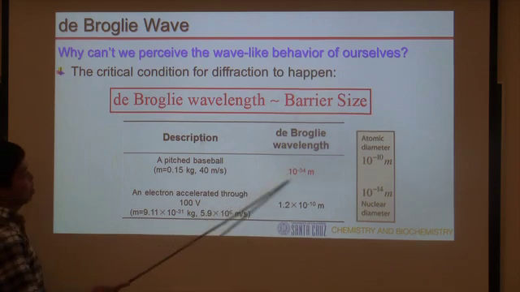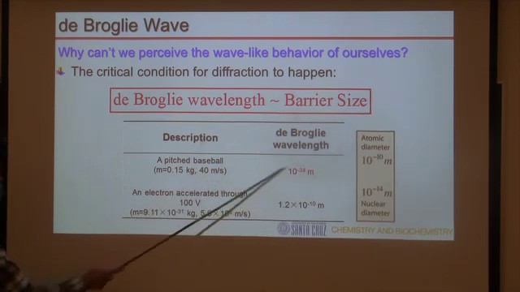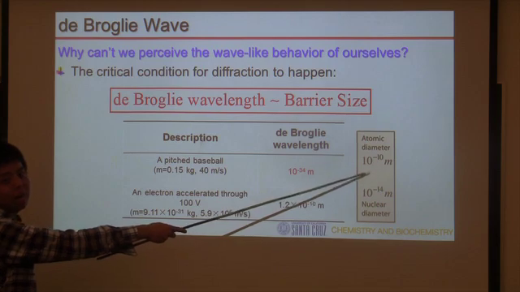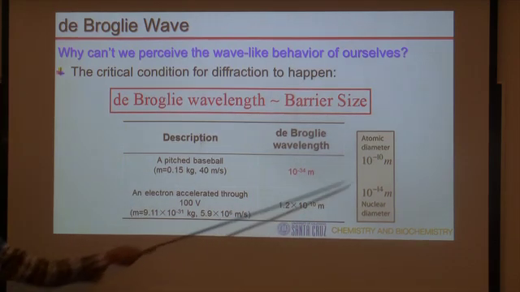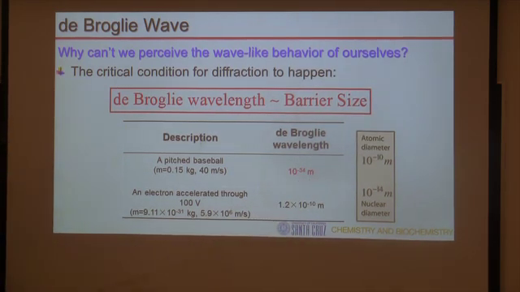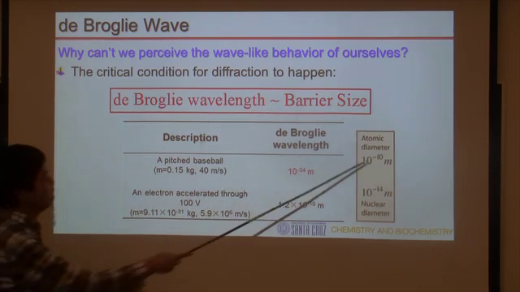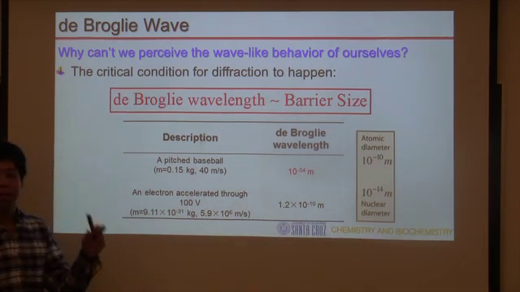If we compare, for the baseball, the de Broglie wavelength is way smaller than the barrier, so that's why we can never observe the diffraction. But for the electron, it's actually comparable, so when the electron hits some atoms, it actually can diffract.